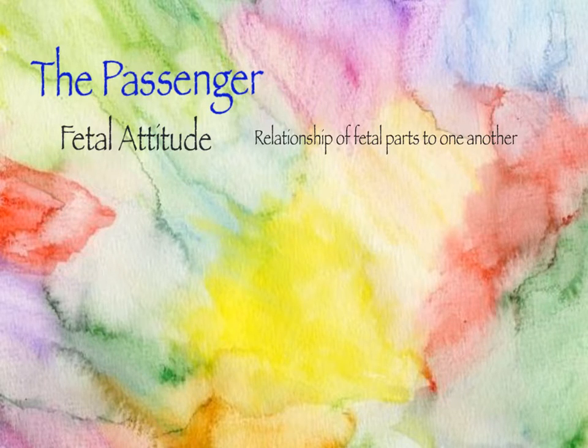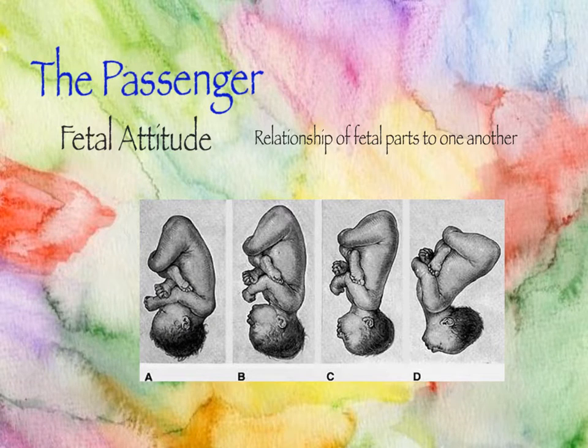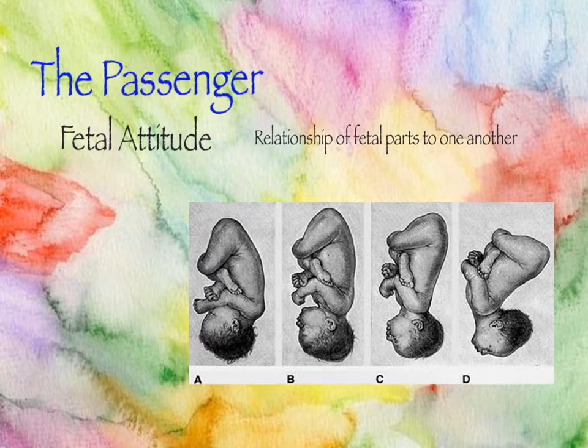There it is. Okay, so baby A all the way on the left has general flexion. That's normal attitude. And that's really the best position to come down in, because that's going to give you the smallest diameter, and then the biggest diameter will go through and make that passage stretch.